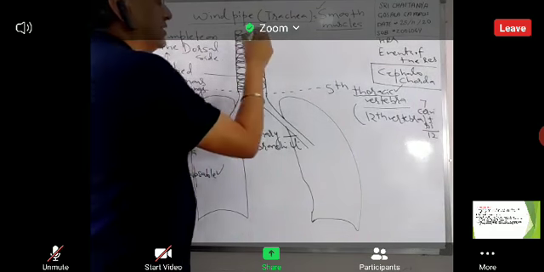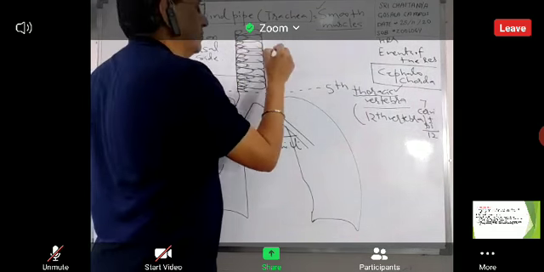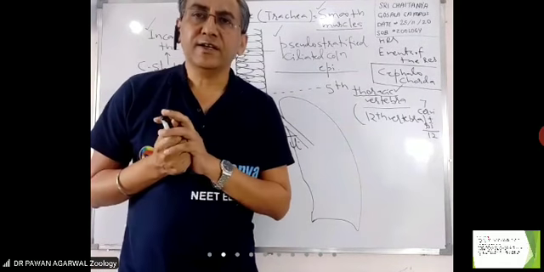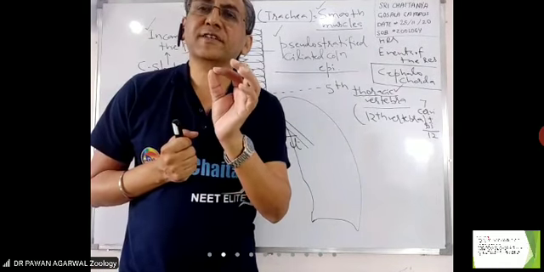Pseudo-stratified means it is always a single layer; false stratified means it is a simple epithelium.